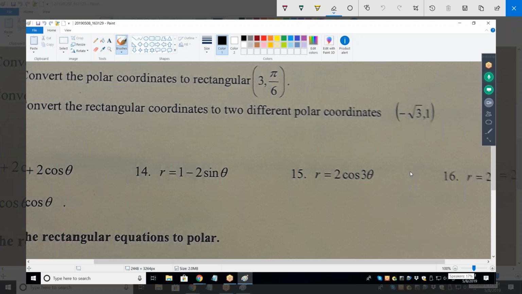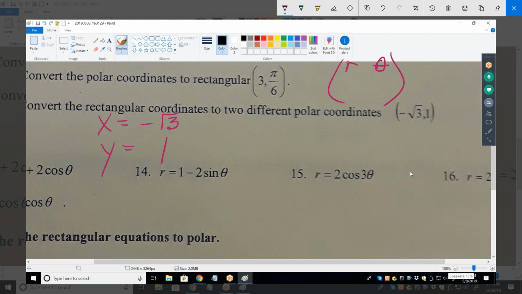So x is equal to minus root 3, y is equal to 1, and we have to convert that to some r and some theta.